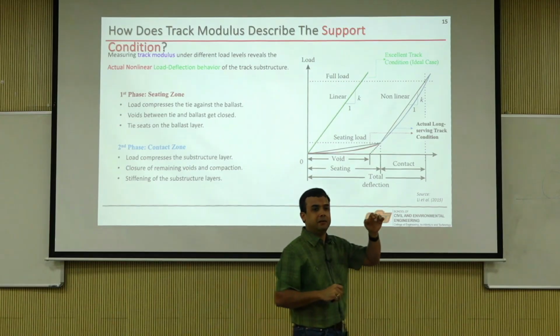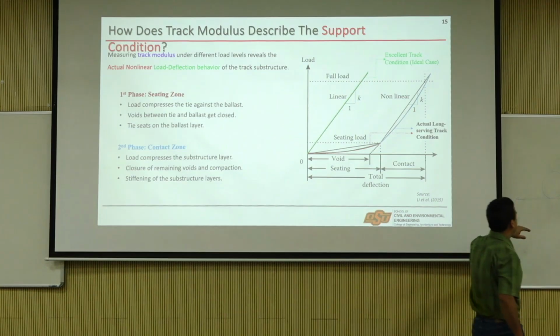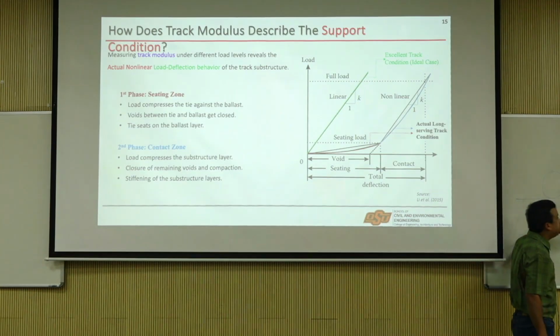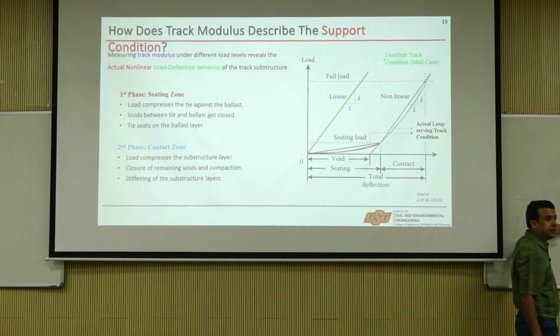When there is a train, at the very beginning, if there is a loss of contact, like a hanging tie, then the track will go down but there is no resisting force. So you'll have a deflection that is kind of flat.